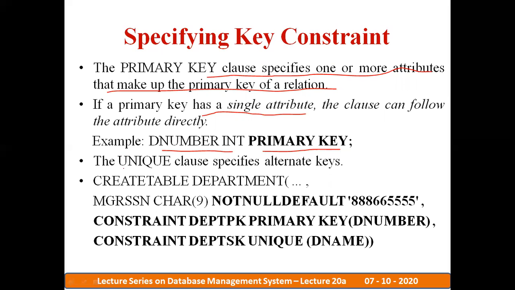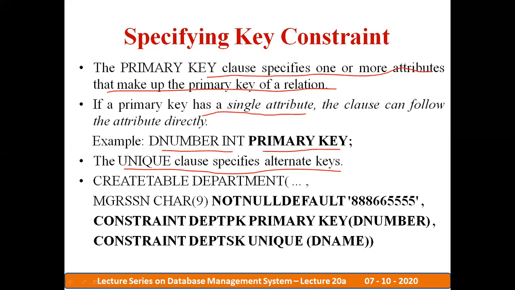Okay. The UNIQUE clause specifies an alternate key. So what is the purpose of the primary key? The primary key will identify the rows within a table uniquely. This can also be done by using the UNIQUE constraint, but the difference between UNIQUE and PRIMARY KEY is that UNIQUE can take null values.